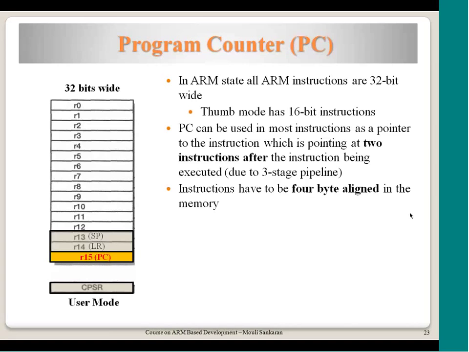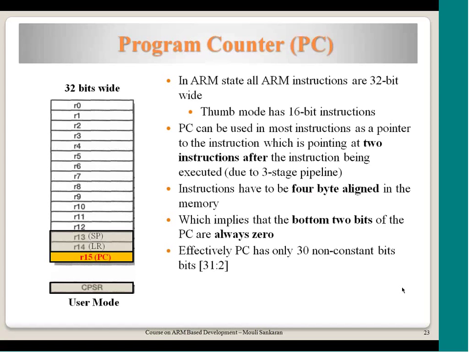An instruction can start only from 1000 or 1004 or 1008. You cannot put an instruction starting from 1001, 1002 or 1003, because the processor always reads from the memory instructions which are 4-byte aligned. So it expects the instruction to be 4-byte aligned. That means the PC will always have these 2 bits as 0, so the non-constant bits are only bits 31 to 2 of R15.